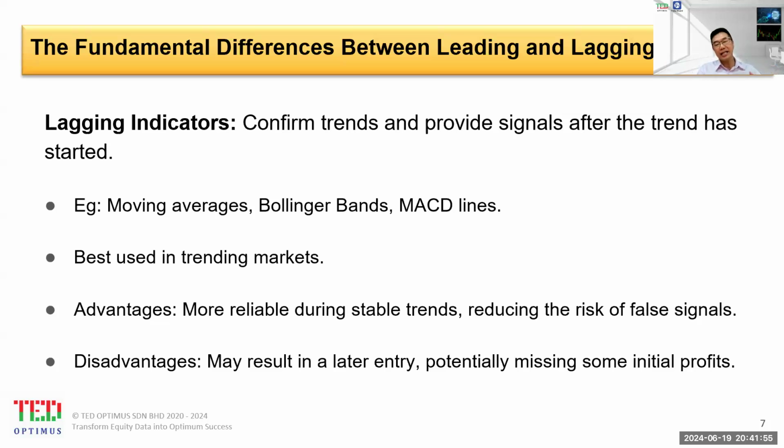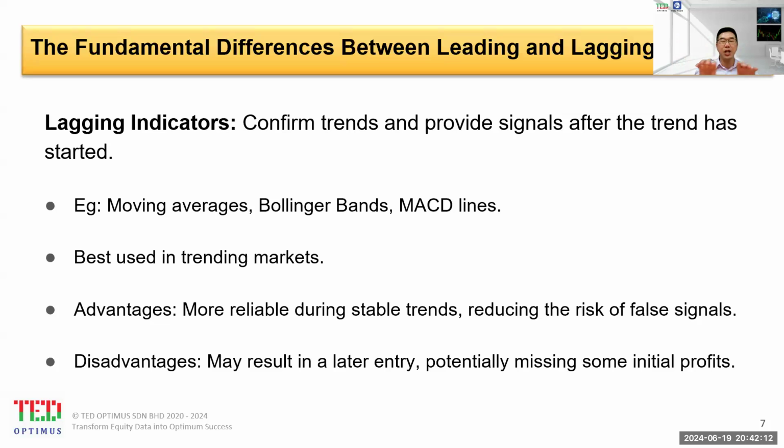Either uptrend or downtrend. Maybe if you consider sideways a trend, then include the sideways trend. Of course, most people can only make money when the trend is an uptrend or downtrend.